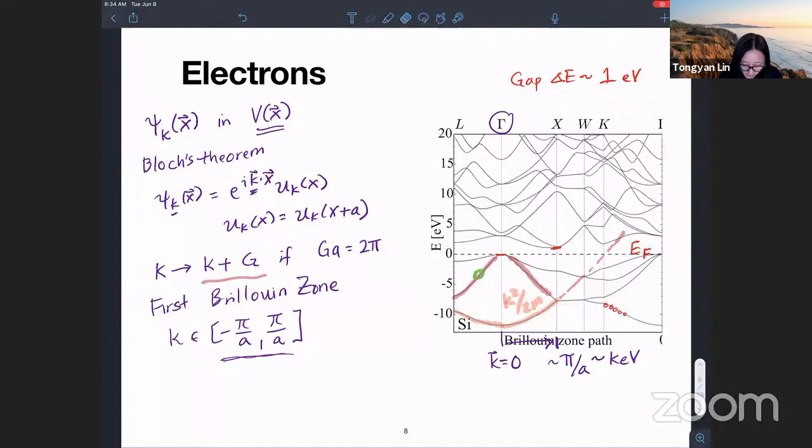Actually, let me draw that better. So we can remove it. And so the horizontal motion we make, or the horizontal part, will basically be the momentum transfer, and the vertical part will be the energy deposition.